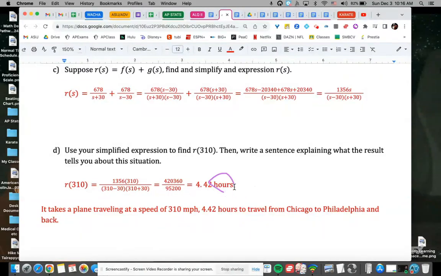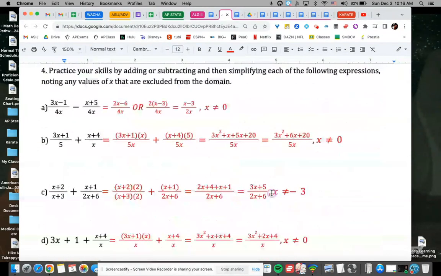How do we know this is hours, in other words? Well, that's because we said that R was the time that it took to go round trip. The 310 is the speed of the plane, and that goes along with the wind speed going there and back to give you a total round trip of 4.4 hours, right? And there you go. That's a nice word problem.